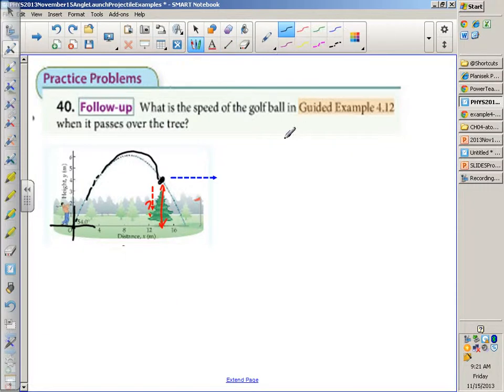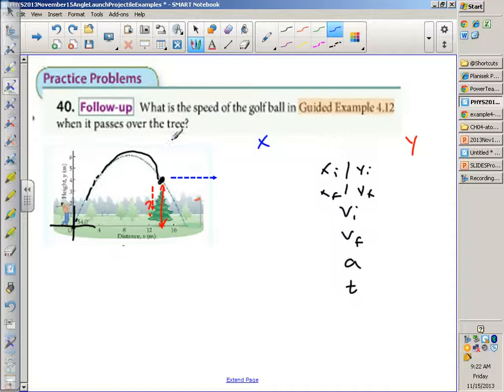So x, y: initial position, final position, initial velocity, final velocity, acceleration, time. If we want to know the speed of the golf ball when it passes over the tree, we actually have to know two things in this chart, right? What do we need to know?